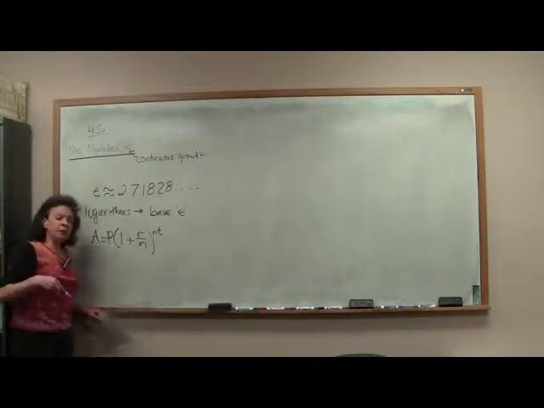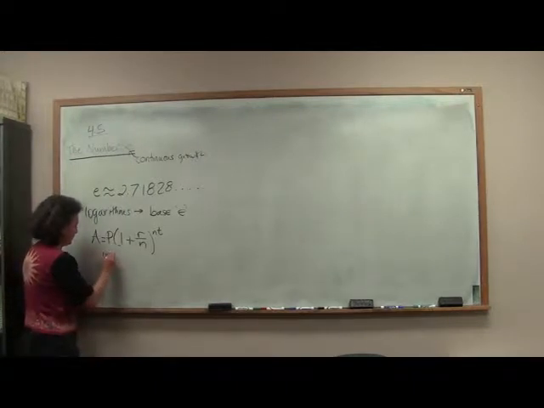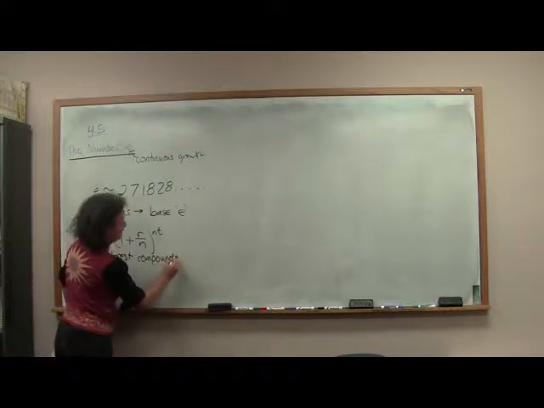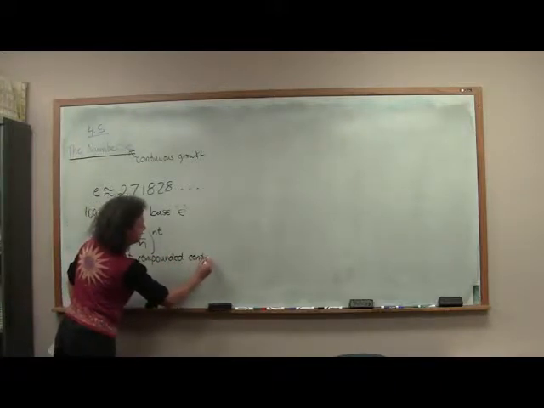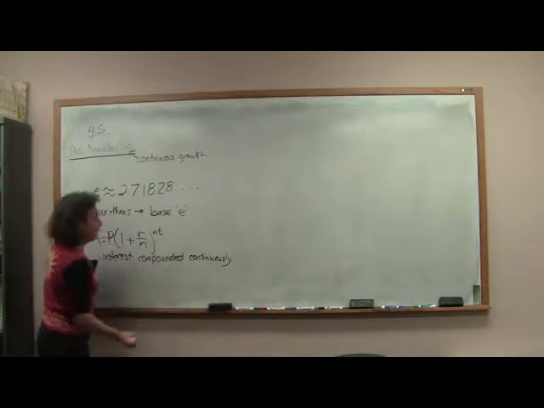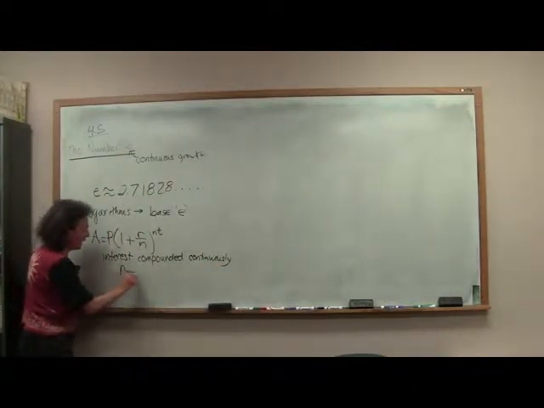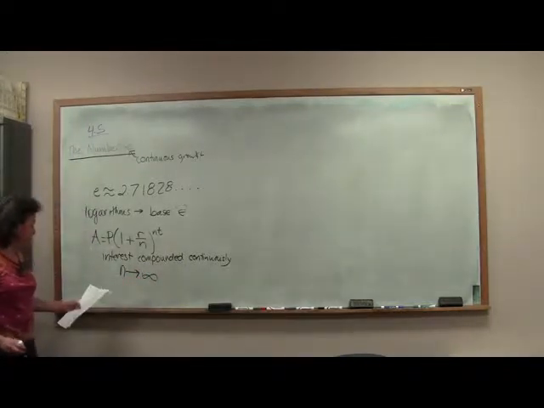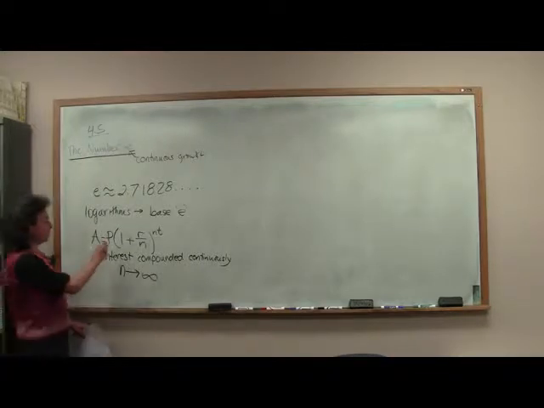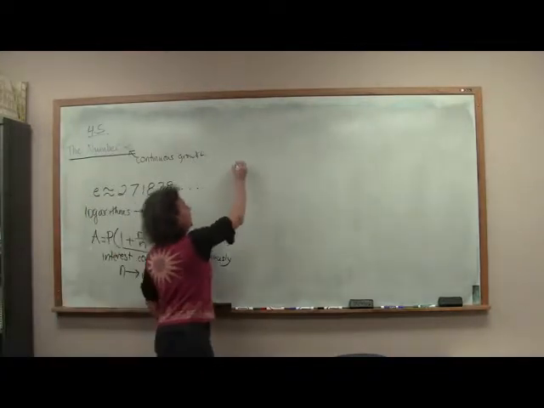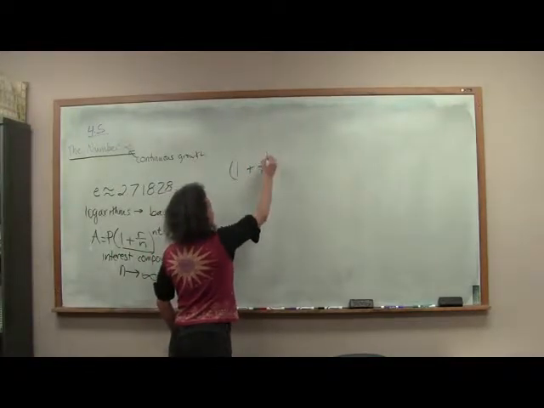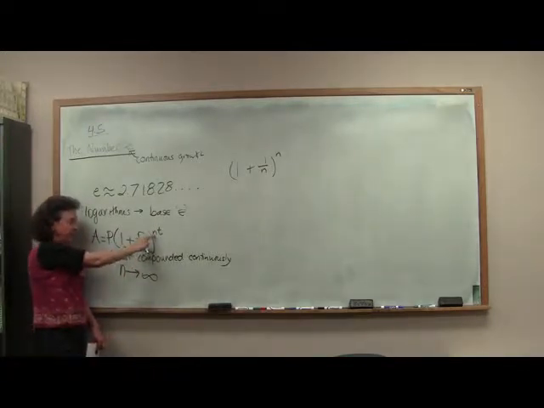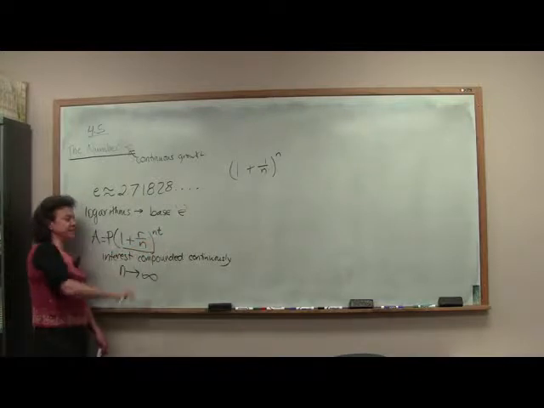But what if we want to talk about interest that's compounded, what we say continuously? Okay? When we talk about that, we're saying, hey, let's let N get super duper large. In other words, let's let N go to infinity. Well, it turns out that if we just look at 1 plus 1 over N to the nth power, okay, so I'm just letting R be 1 just for the sake of it, and then our N's be N, T is 1.